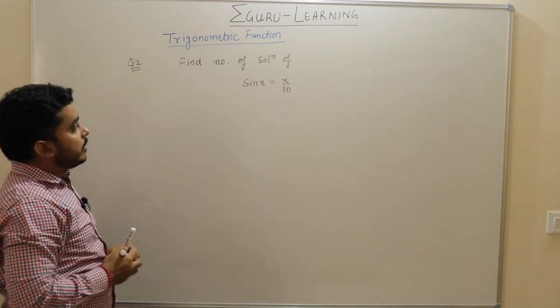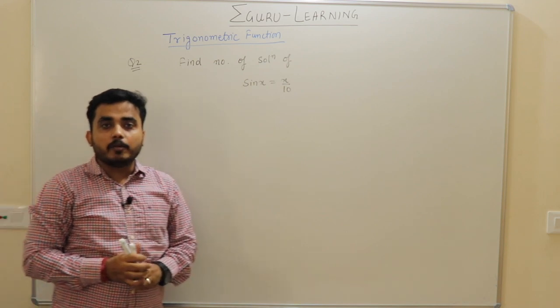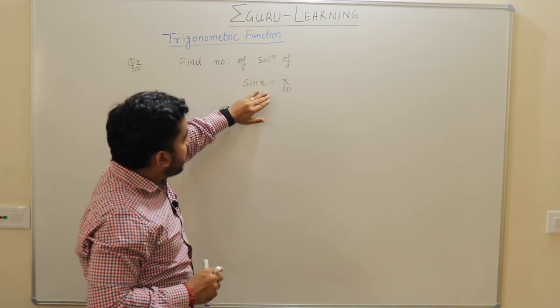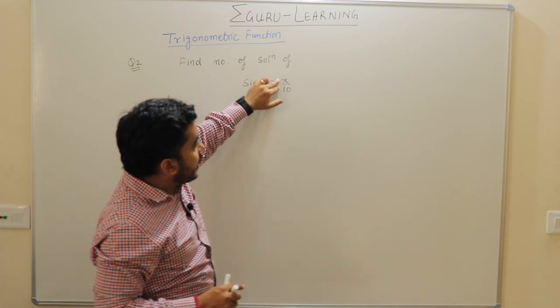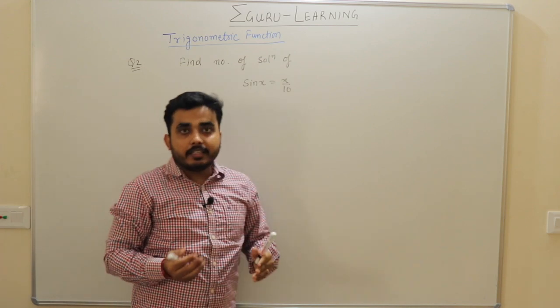I need to check where the graph of y equals sin x and the graph of y equals x by 10 meet on the real axis.